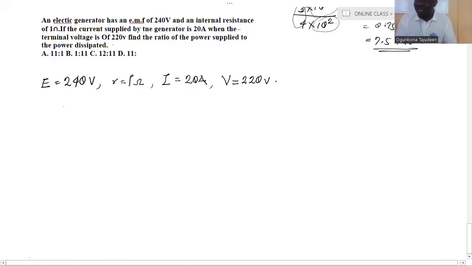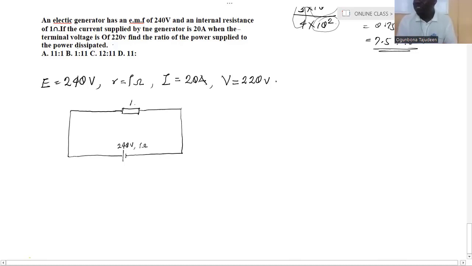From what we have here, let me draw the diagram. We have a resistor here, and we have our cell here. The source itself is 240 volts. It has an internal resistance of 1 ohm.